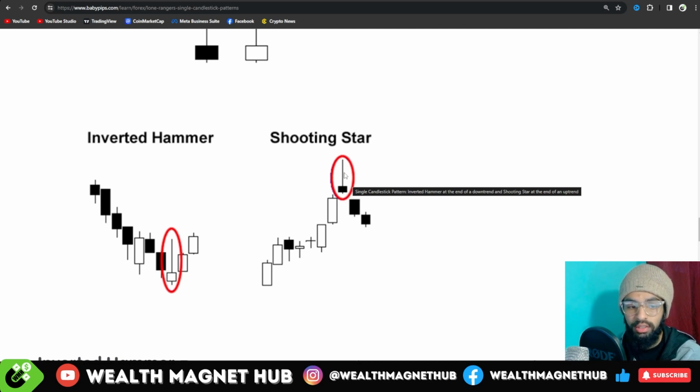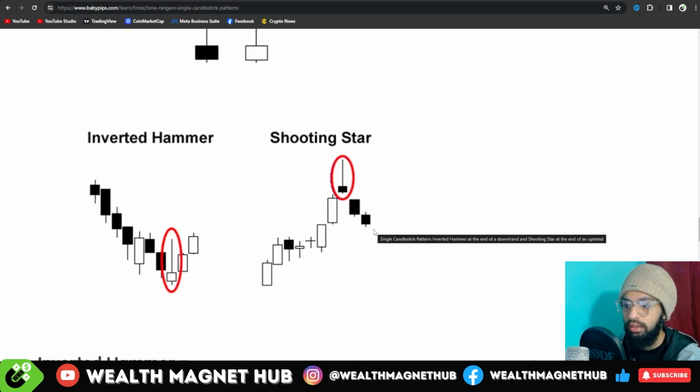So this is how we can tell that this is a shooting star, and we are seeing a market reversal now. We can already tell that we were going in an uptrend, we saw the shooting star. Now we can predict that we are going to see a market reversal, and this is going to be bearish. We are going to start heading in the downward direction, and we have seen a bearish market reversal.